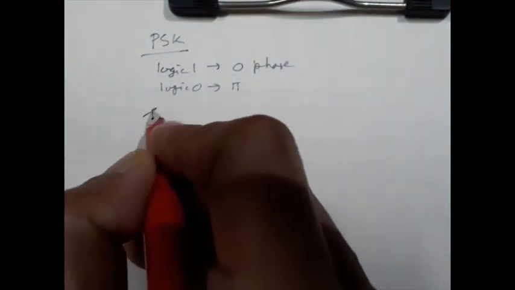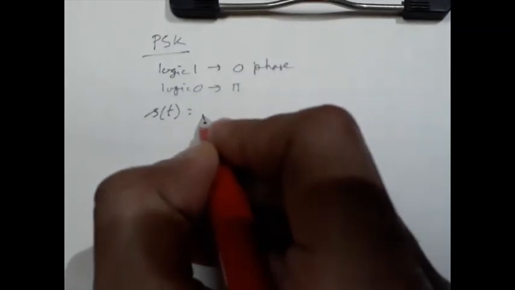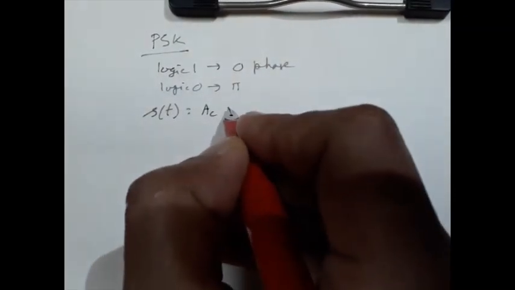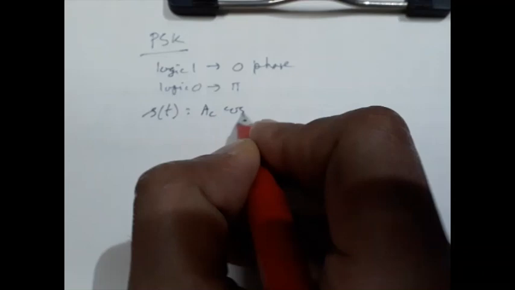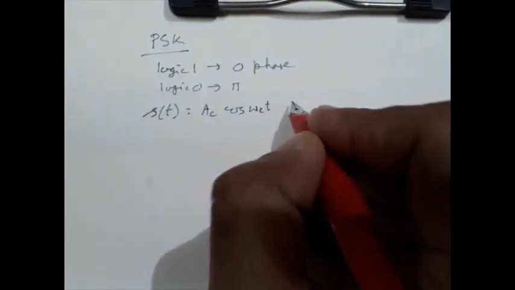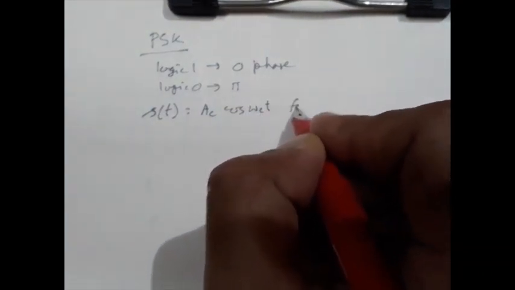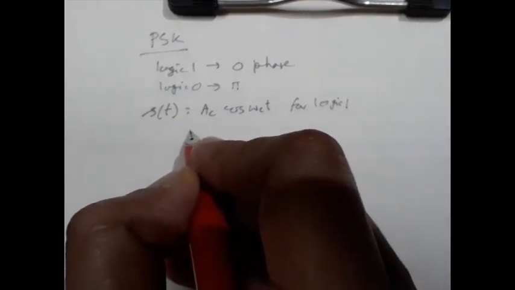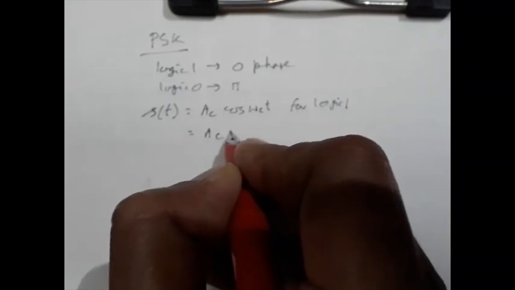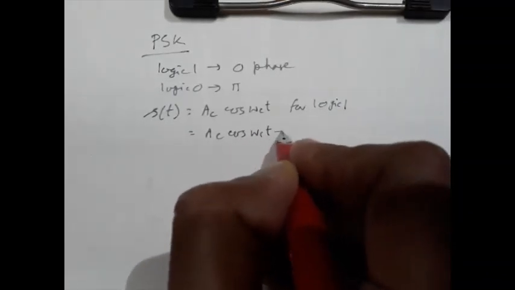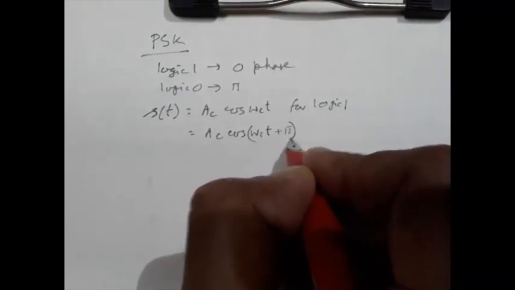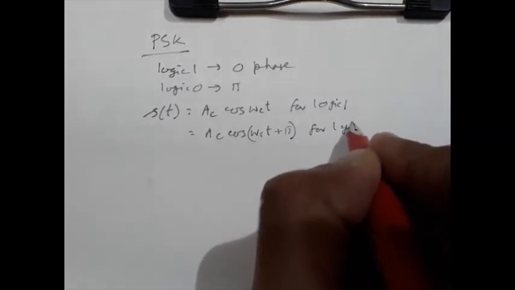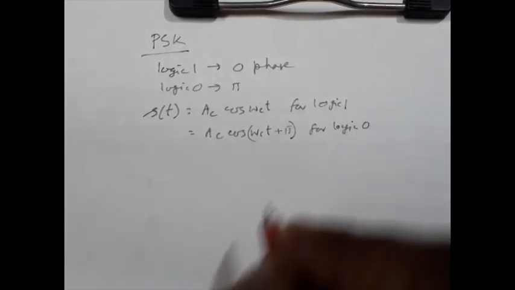So the PSK signal can be represented as, keeping in mind that there is no change in the amplitude. If the amplitude is, say, AC, then for logic 1 it will be represented simply by AC cos omega ct, and AC cos(omega ct plus pi) for logic 0.